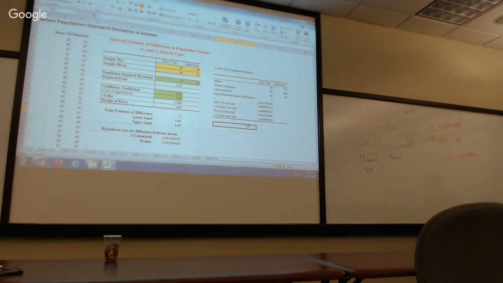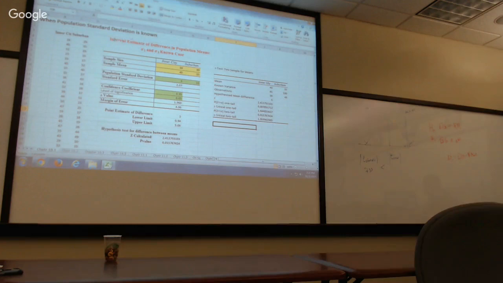So there's two ways we can do this. We have a template for interval estimation between the difference in population means, and then we can do a z-test for 2 sample means. One is a calculation within Excel and one is a template.